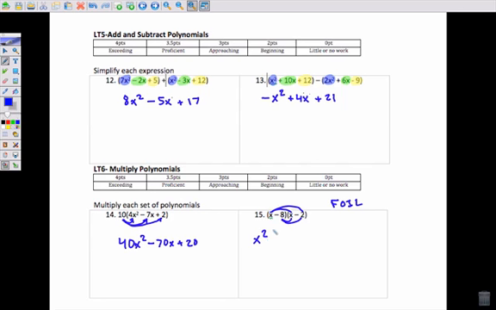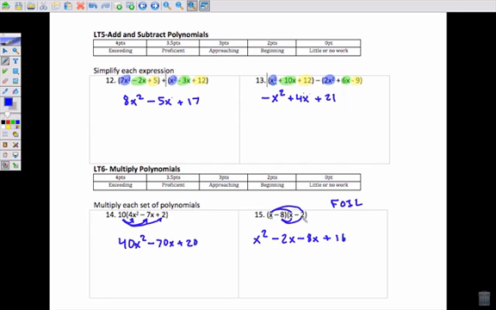The second part would be x times negative 2, or minus 2x. Next we've got a negative 8 times x, negative 8x. And then we've got a negative 8 times a negative 2 for a positive 16.